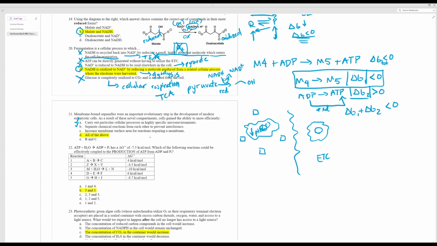So they've increased the membrane surface area by splitting what reactions are present on what membrane. Some reactions are present on the mitochondrial membranes versus others on the cellular membranes, versus a prokaryote, which has everything on one membrane. So our answer is D.